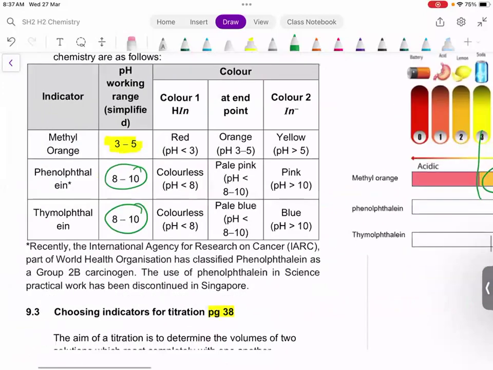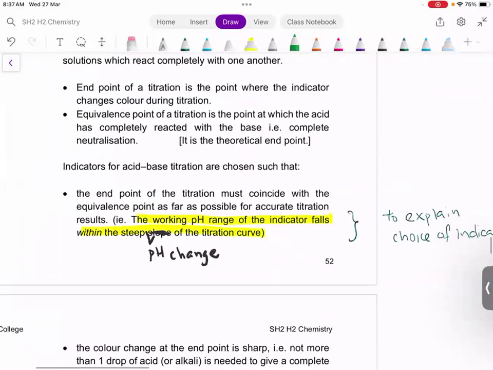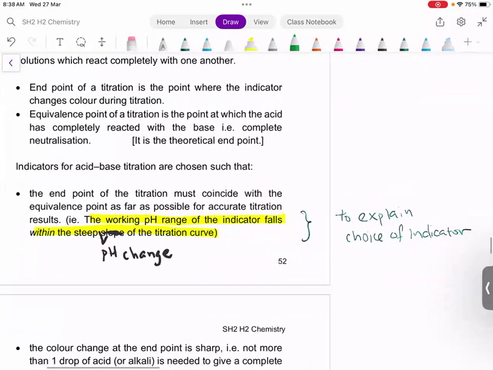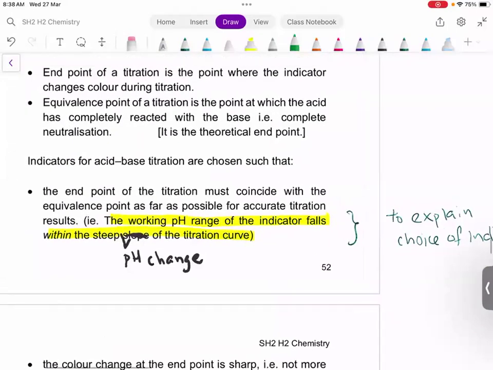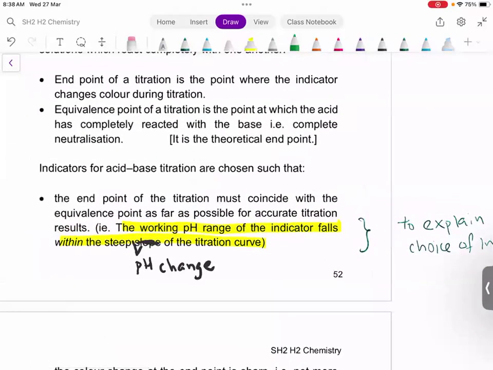So with this in mind, there's a very popular A-level question. They will ask you, why do you choose this indicator? Why do you think this indicator is suitable? Then I need you to quote this as the answer: indicators for acid base titrations are chosen such that the working range of your indicator falls within the steep pH change of your titration curve.